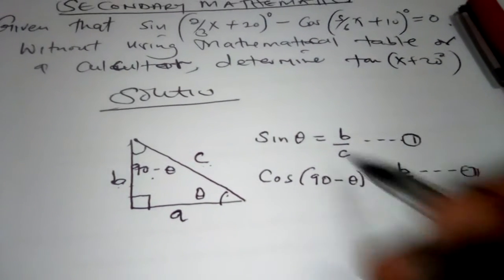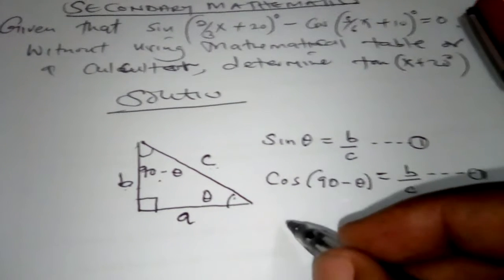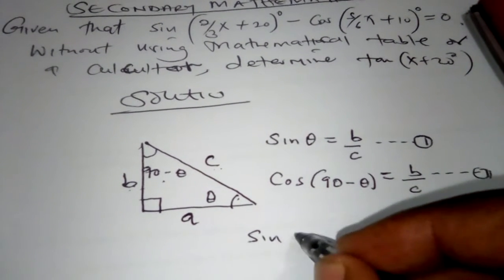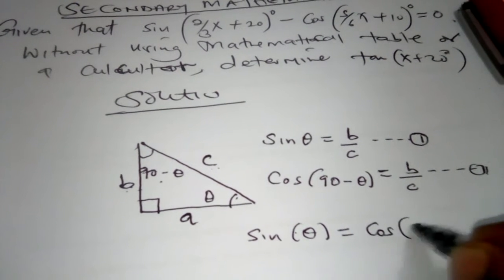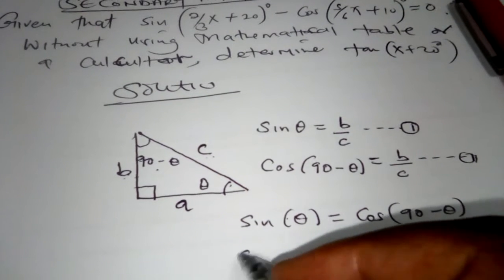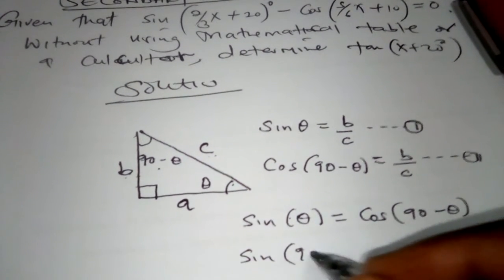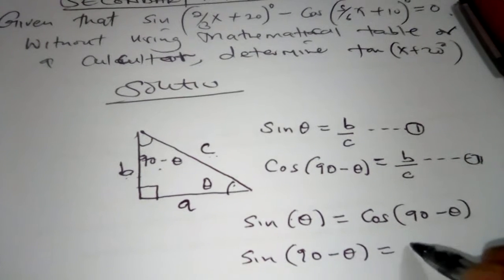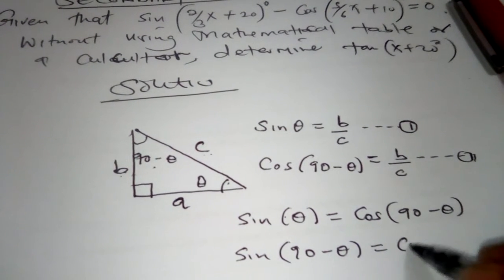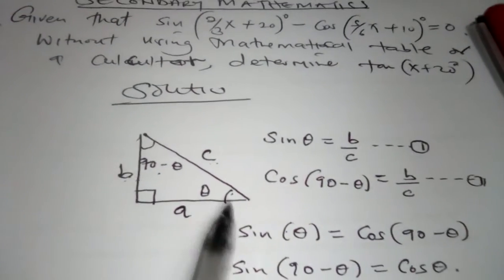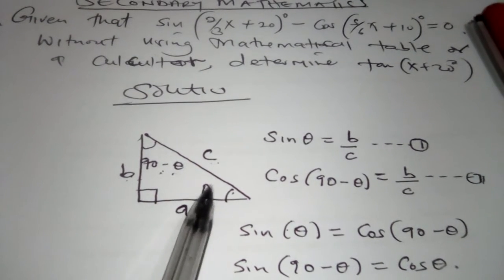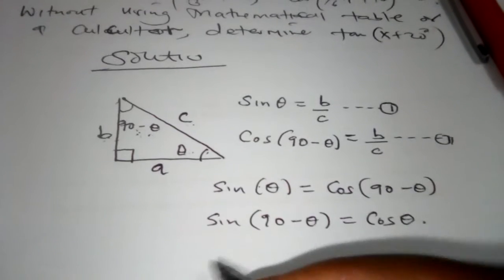If you look at the two equations, 1 and 2, you notice that sine of theta is equal to cosine of 90 minus theta. And even if we did sine of 90 minus theta, which I'm leaving for you to confirm, you would notice it is equal to cosine of theta. Using this fact, we can tell that these two angles are acute, meaning that if you sum them, you get 90, and we can prove that.